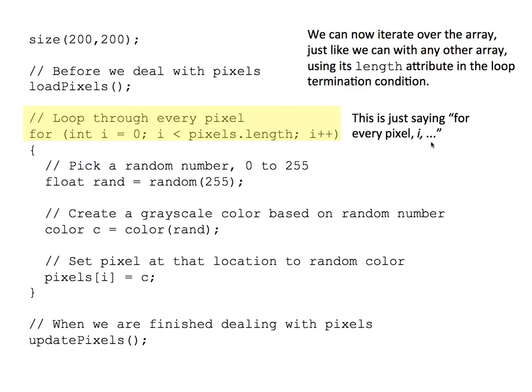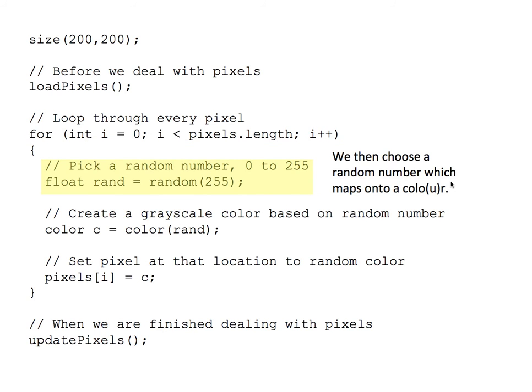Here we basically loop over the entire linear array of pixels from 0 to the length of the array minus 1. Remember, we don't know in advance necessarily how big it is, so we simply say loop i, start at 0, so long as i is less than the length of the pixels array, increment i. So for every pixel i, we pick a random value between 0 and 255.